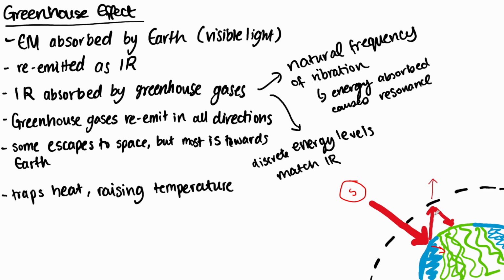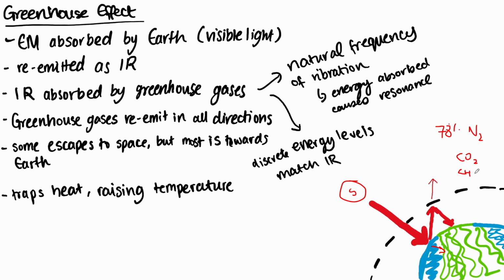Now, in the atmosphere, you might know the composition of it. It's mainly nitrogen, around 78% nitrogen. But then there's also other gases, so carbon dioxide is one, and then there's also methane, and I'll talk about those more very soon.